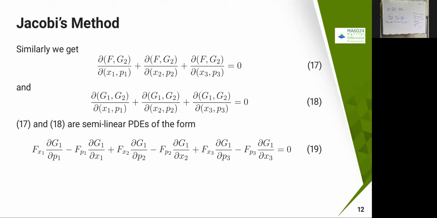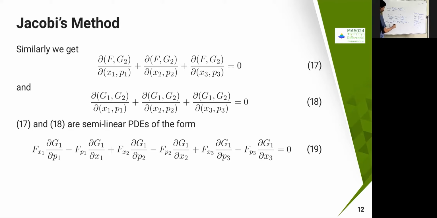So what you are going to get, for example, if I write this one, wherever I have GP1, I am just going to write DP1. So DP1 divided by fx1, because I'm just solving for this GP1, you consider this as UP1 in the semi-linear case. So this is going to become dP1 by dx1.